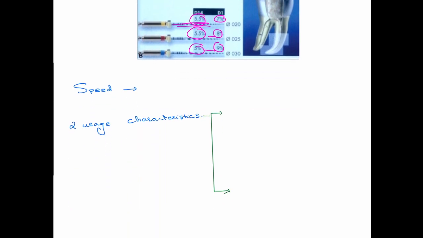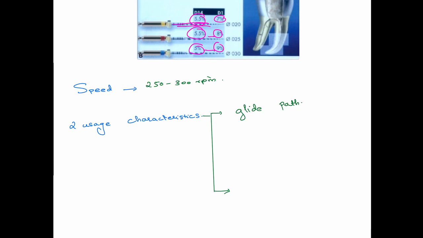The speed is 250 to 300 rpm, so it's easy to remember, 300 rpm. Some textbooks, Cohen in fact, say that there are two usage characteristics for ProTaper files. Before using it, you should know two things. One is, there should be a glide path for its passage, something to guide.